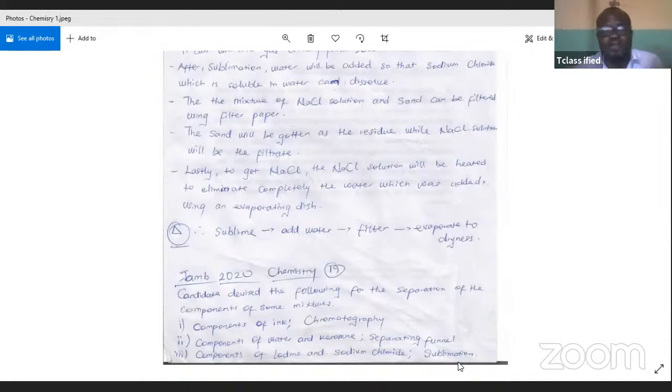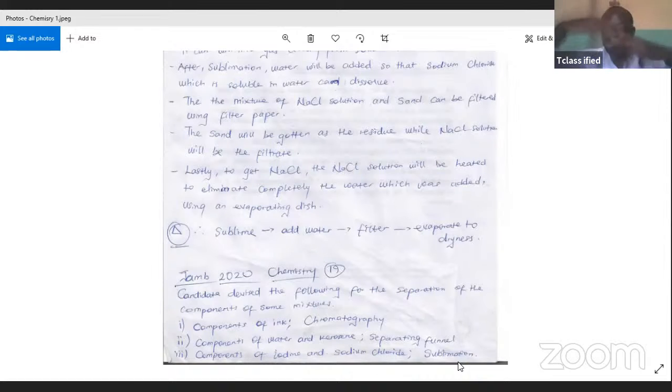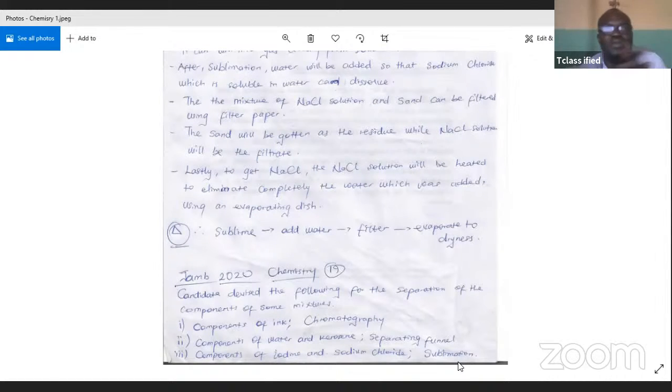An example of fluid that you can separate with a separating funnel is petrol and water. Have you ever seen a mixture of petrol and water before? You can see them separately. Oil and water is another example. So you can separate them using a separating funnel.